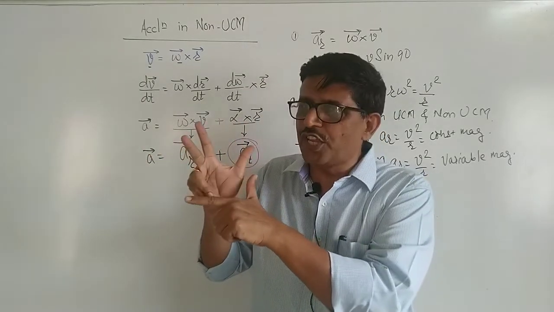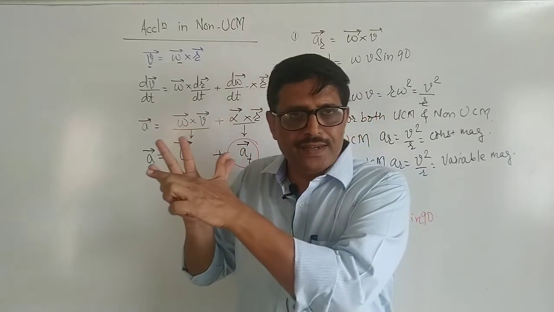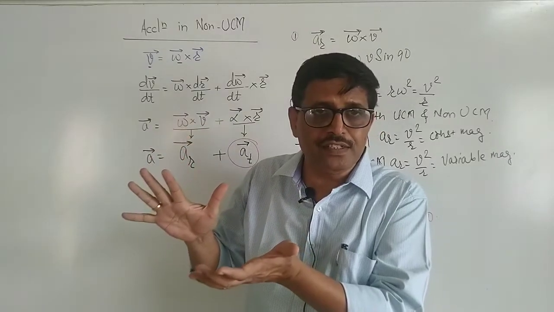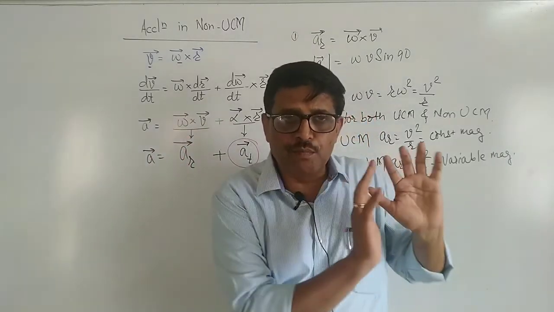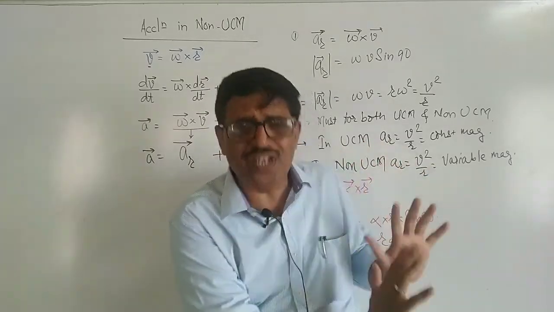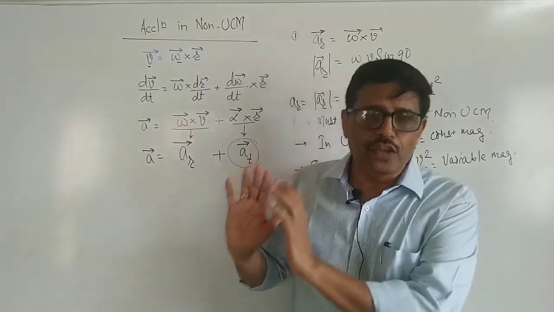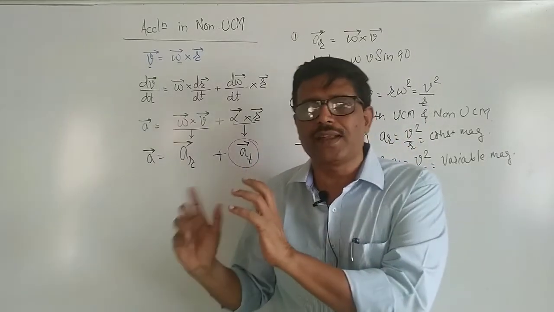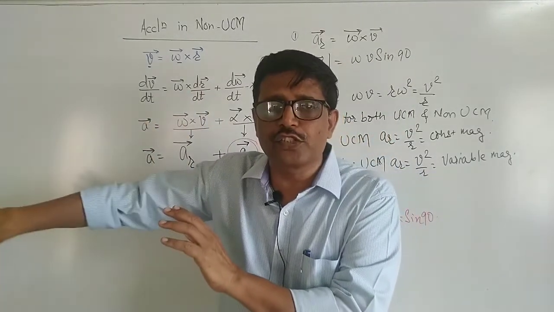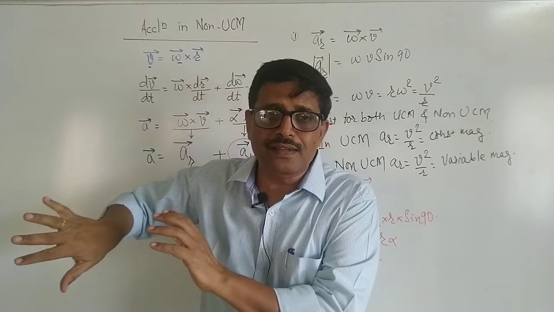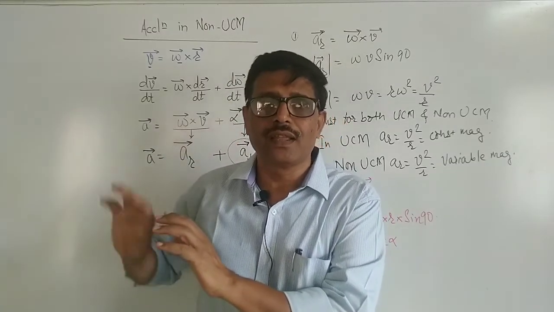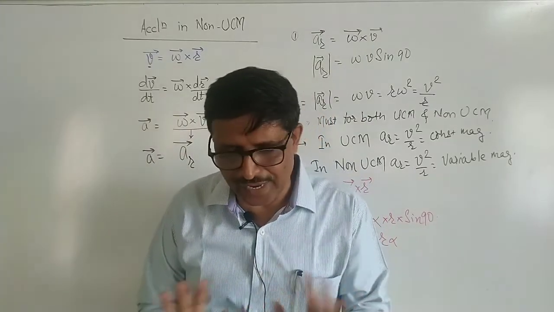The acceleration which keeps changing the direction is the radial acceleration. The acceleration which keeps changing the magnitude is the tangential acceleration. In UCM, you only have to change the direction of velocity, therefore it has only radial acceleration. In non-uniform circular motion, both magnitude and direction are changing, therefore it has both radial acceleration to change the direction and tangential acceleration to change the magnitude. This is how acceleration is there in non-uniform circular motion.